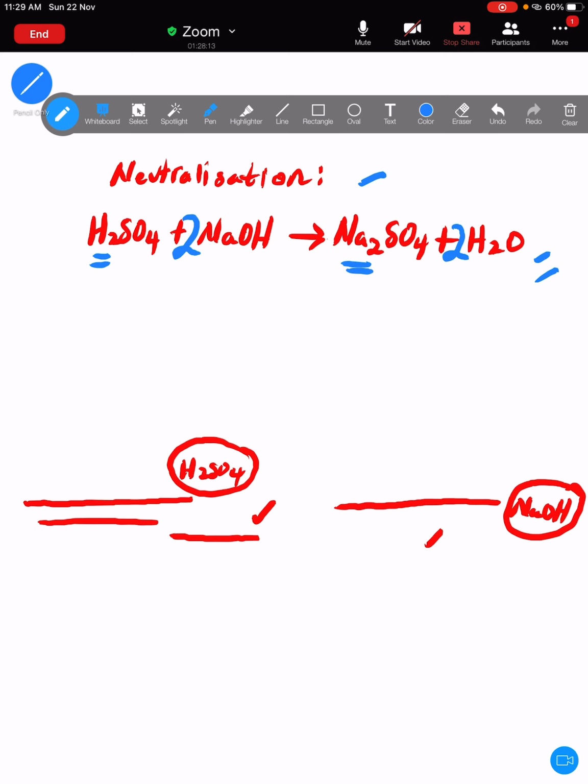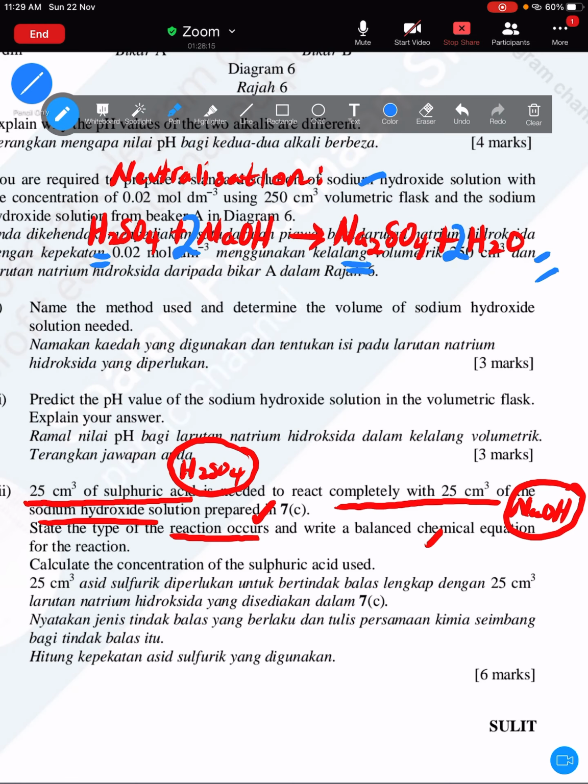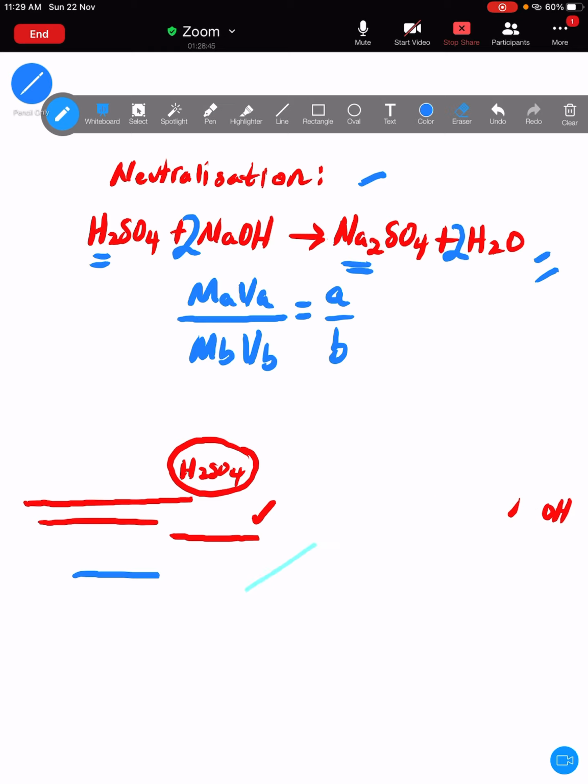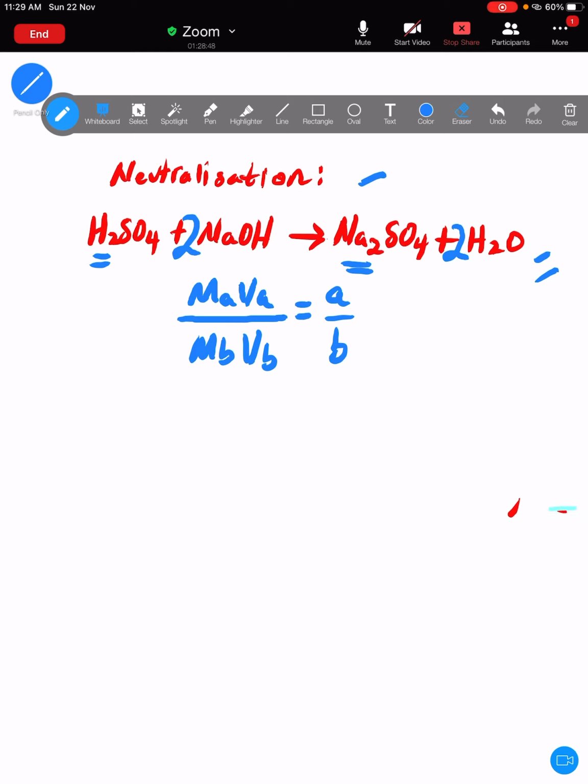Now look at the question again. Balanced equation done. Now calculate the concentration of the sulfuric acid used. My dear, this is a neutralization. When you are dealing with neutralization, you are going to use this formula: MaVa over MbVb equals A over B. This is the formula that you are going to use.